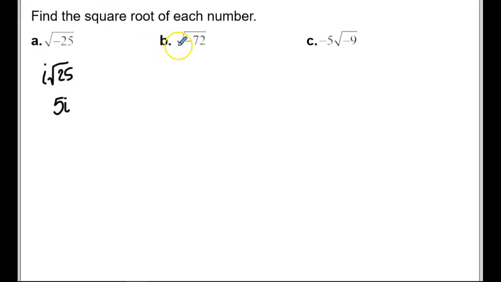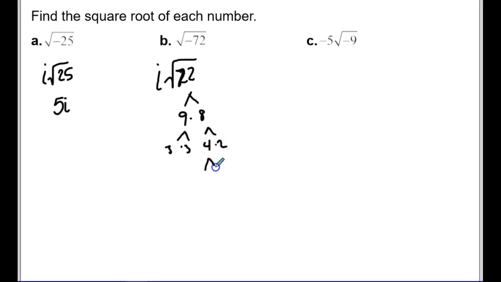Alright, so now let's look at part B here. Again, I'm taking the square root of a negative, so in order to get rid of that, I'm going to pull out my i, my imaginary number, and now I have the square root of 72. So now I need to simplify this radical, so let's break it down into its pieces. My i we're just going to leave there for now, we'll come back to it. I know that 72 is also 9 times 8, and I can break these down, 3 times 3 and 4 times 2, and that 4 can still be broken down into 2 times 2.